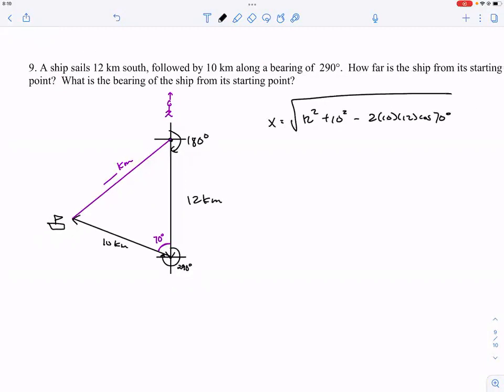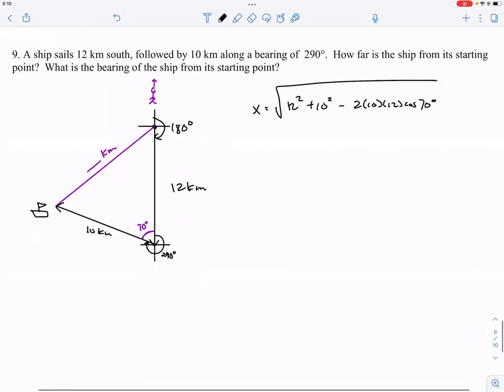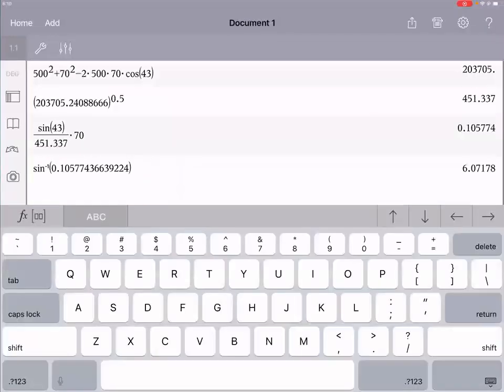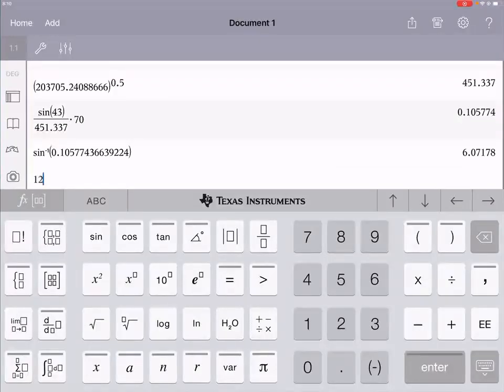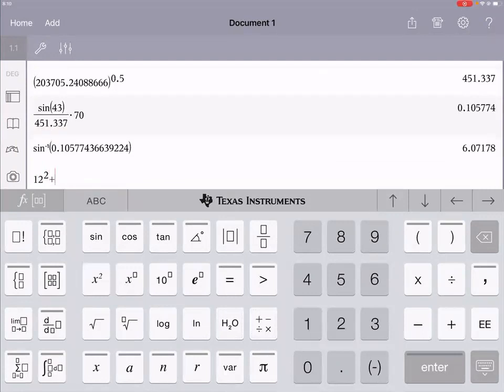I can use a calculator, or you can just look at the screen. I would suggest you compute it yourself. So 12 squared plus 10 squared minus 2 times 12 times 10 times cosine of 70.